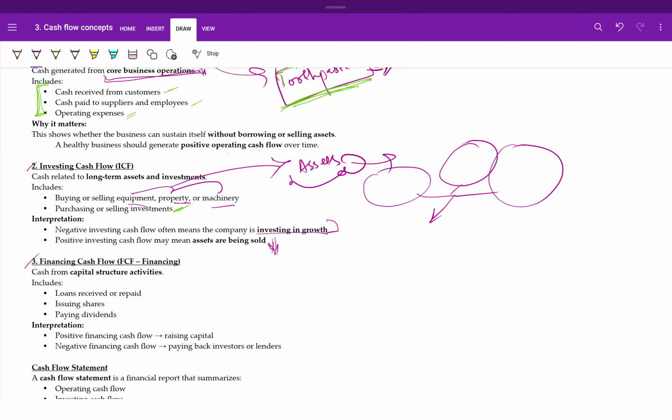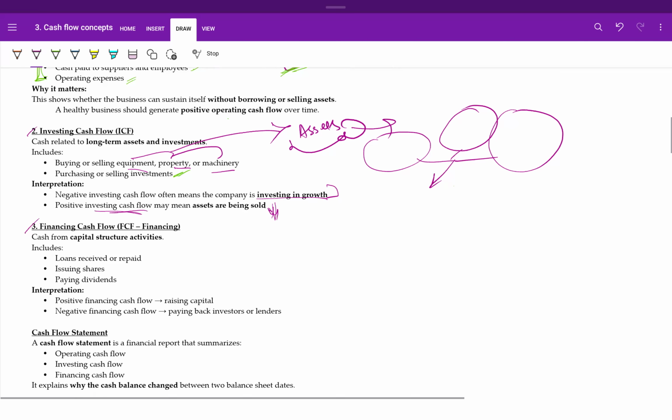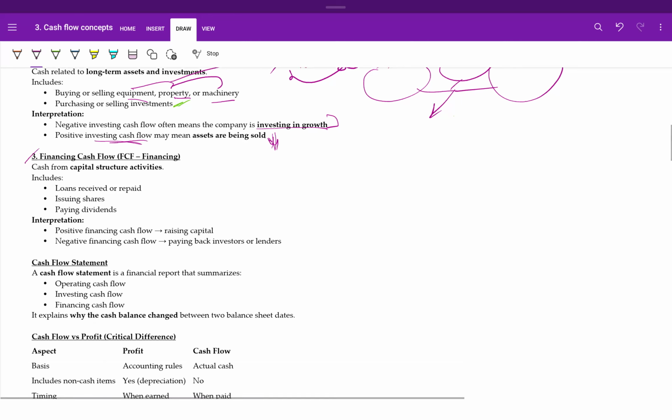So a positive investing cash flow represents assets are being sold. Yes, it's one thing, but it doesn't give a good sentiment to an investor. As an investor, this is actually a red flag. If you ever encounter a cash flow statement with a positive investing cash flow, then you have to look deep into the financial statements.